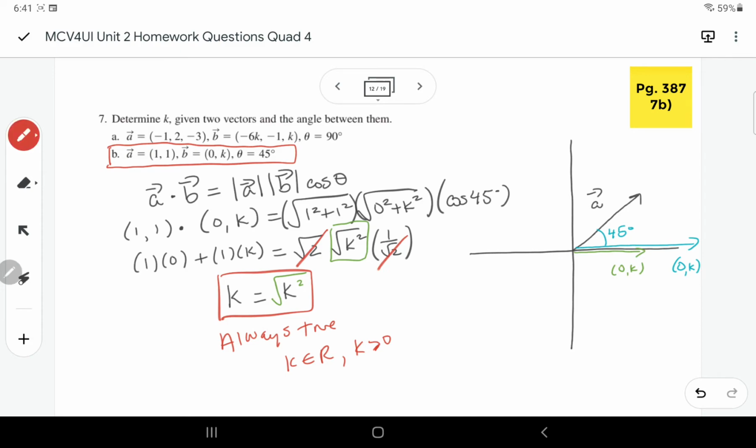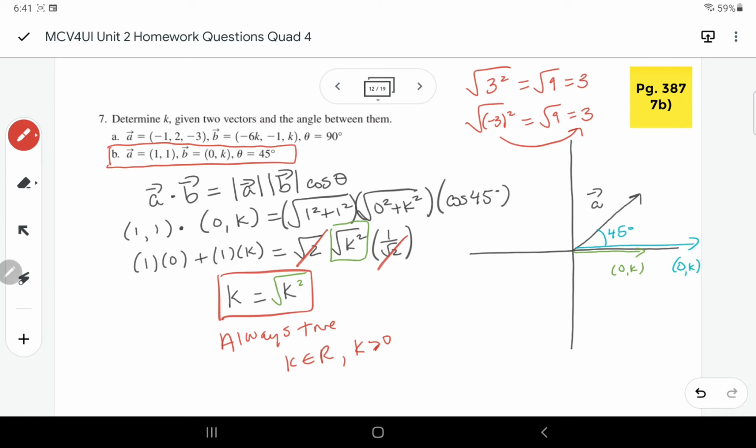So if we kind of imagine the square root of, let's say, 3 squared, that's the square root of 9, which is 3. The square root sign always means the positive square root. But if I had the square root of negative 3 squared, that would also be root 9, so 3. So this is not equal to the square root of that value squared. It's not equal to the original value if the original value was negative.